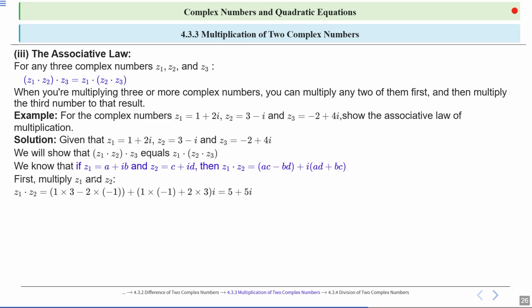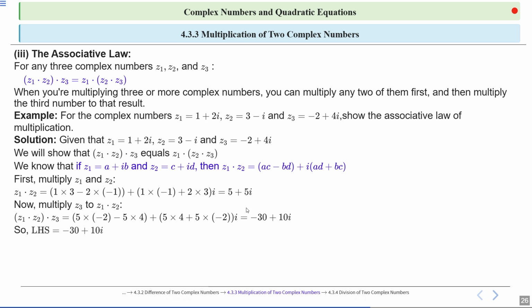So first multiply z1 and z2. So z1 times z2 equals 1 times 3 minus 2 times minus 1 plus 1 times minus 1 plus 2 times 3 times iota, which equals 5 plus 5 times iota. Now multiply by z3. So you get z1 times z2 times z3 is minus 30 plus 10 times iota. So LHS equals minus 30 plus 10 times iota.